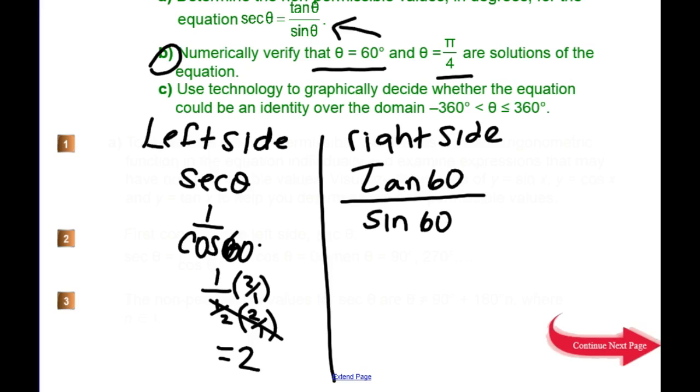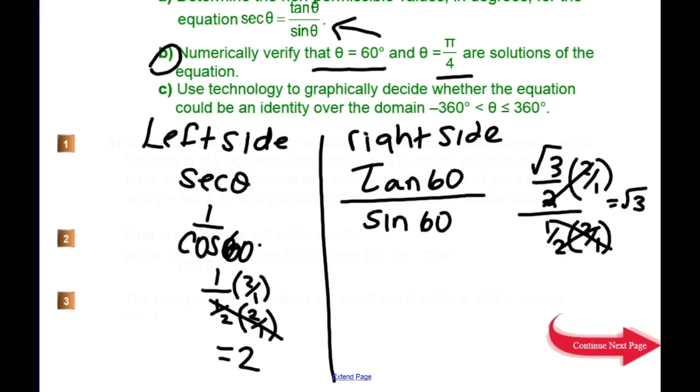Well, you probably want an exact value. If we want to find out what tan 60 is, you take what sine is on the unit circle, and you divide it by what cos is on the unit circle. And since we had fractions over fractions, we multiplied by the reciprocal, and we ended up with √3.